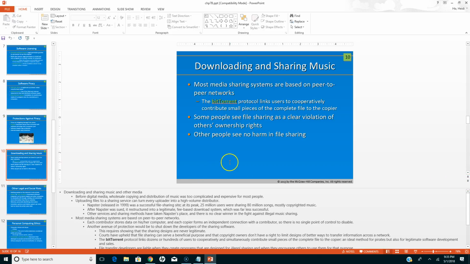How about BitTorrent? What is BitTorrent? BitTorrent is a protocol for sharing on peer-to-peer networks. Basically it's a protocol used in the peer-to-peer network that allows people to make copies or download files. Let me give you an example.